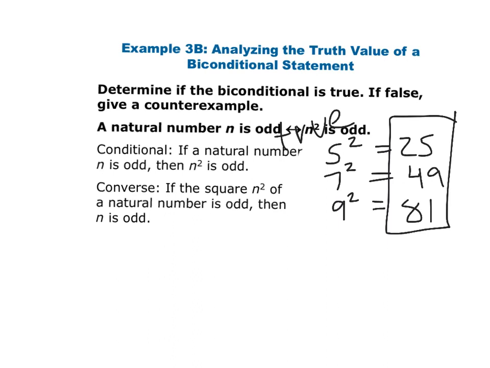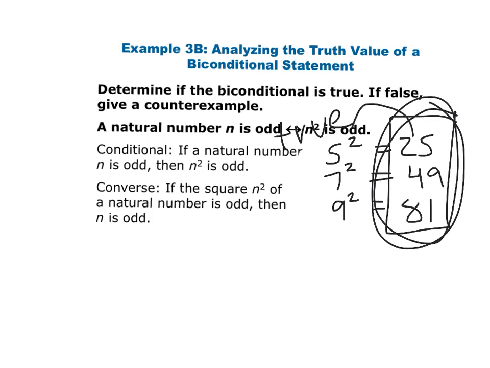Let's look at the converse. If the square n squared of a natural number is odd, then n is odd. So let's look at all of these squares. 25 is 5 squared, 5 is odd. 49, 7 is odd. 81, 9 is odd.